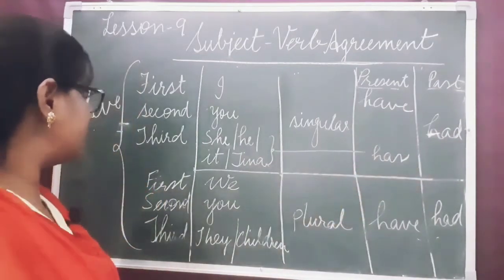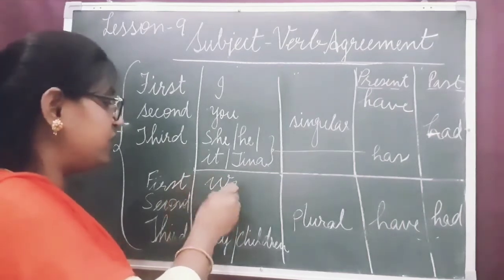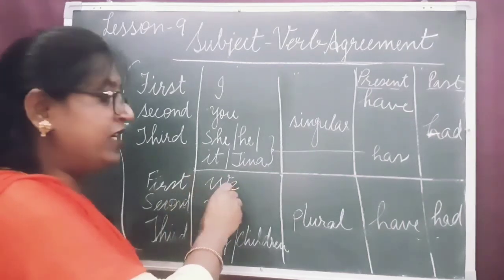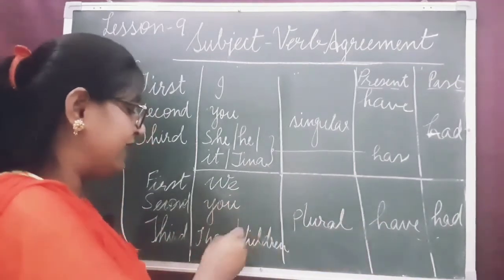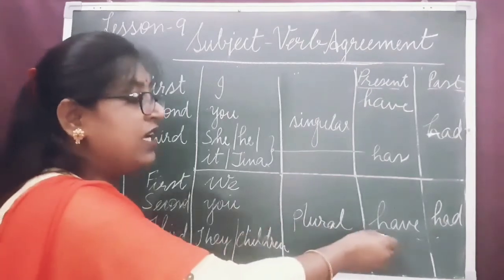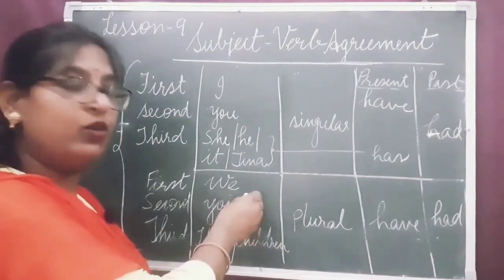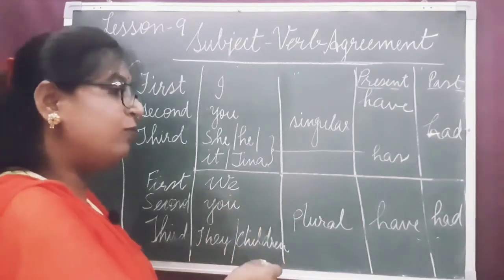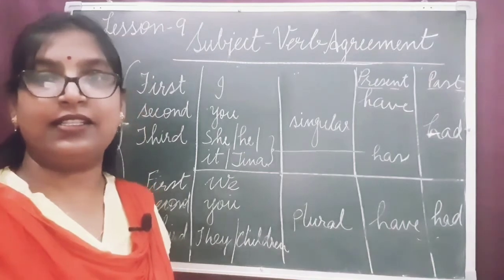And when the subject is we, that is first person plural subject, we use have with it. With you also and they or any plural subject, we use have in present tense, and with all these pronouns we use had in the past tense.